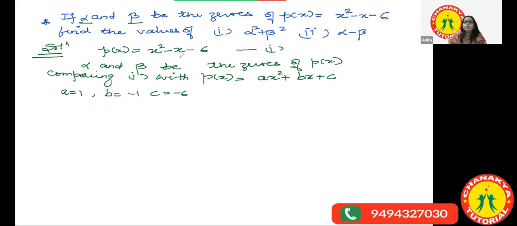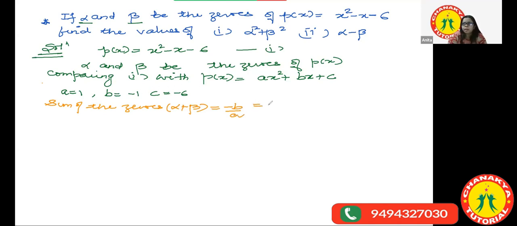In each and every question of this type, you have to compare your polynomial with the standard form ax square plus bx plus c, and then write the values of a, b, and c. Then your next step is to write the sum of the zeros. Sum of the zeros, alpha plus beta, is equal to minus b by a.